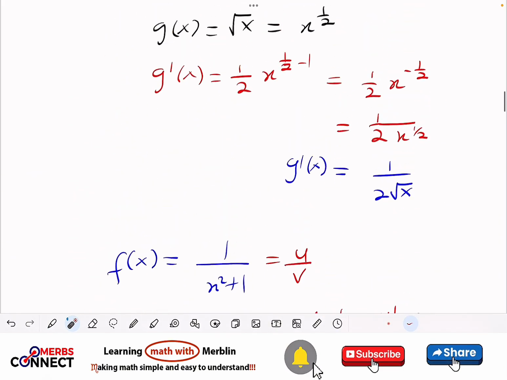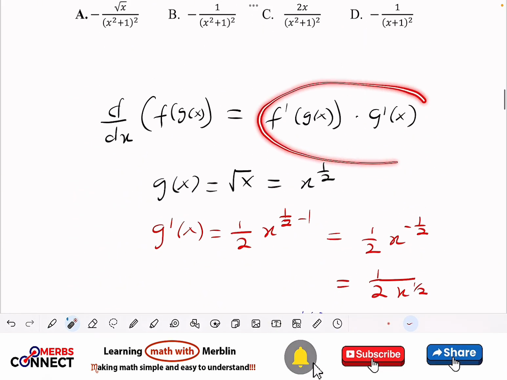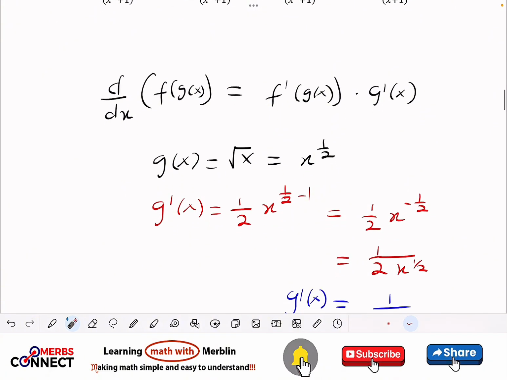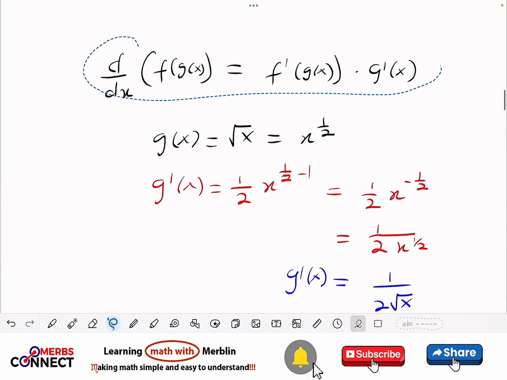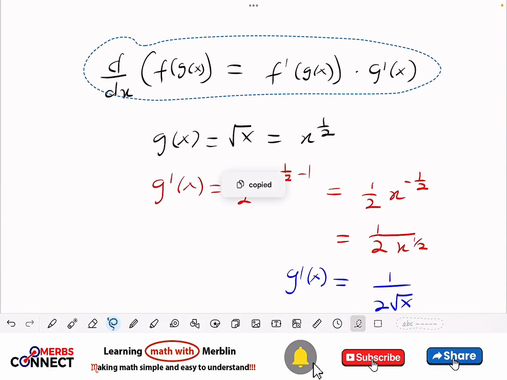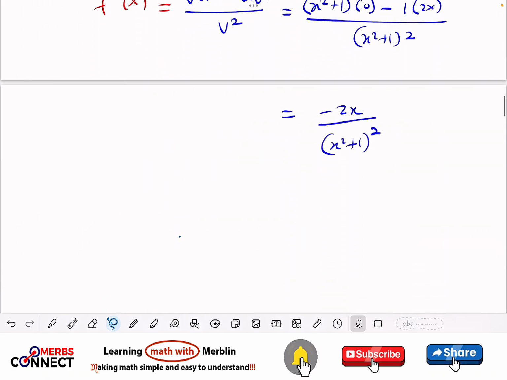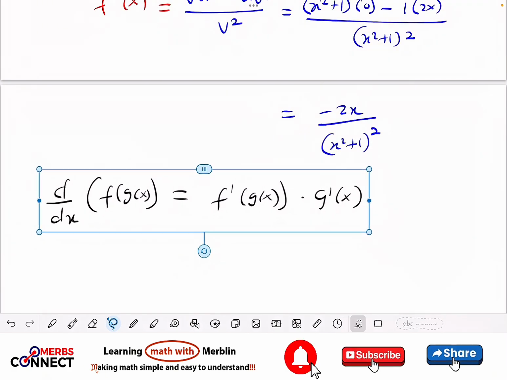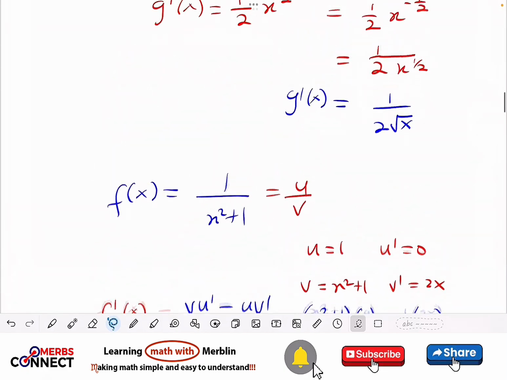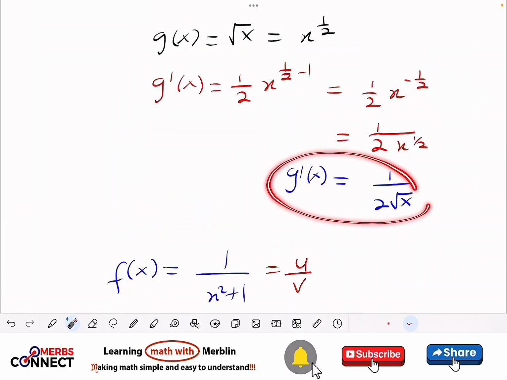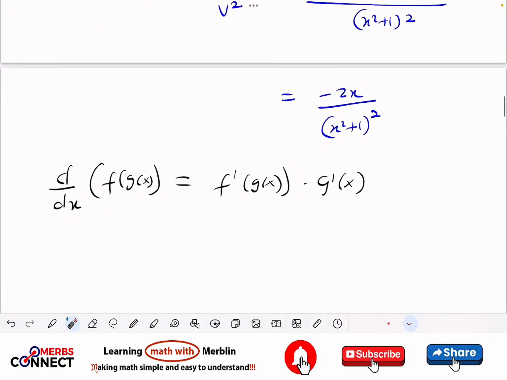So let's bring down the formula here. So we want to find something like this, right? So let me just copy this one and send it down there so that we can see what we are doing. Good. So let me paste it here. So first, we have g prime, which is here, but we need f prime of g of x, right?